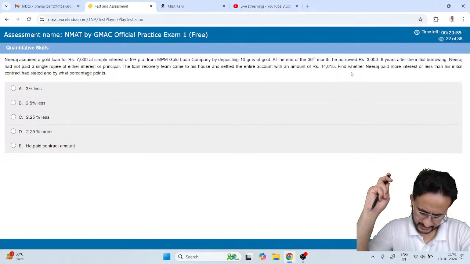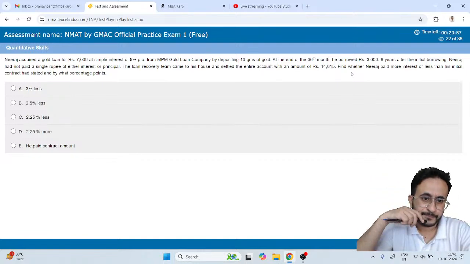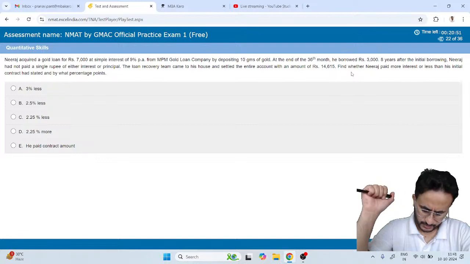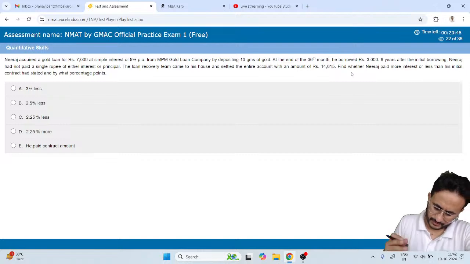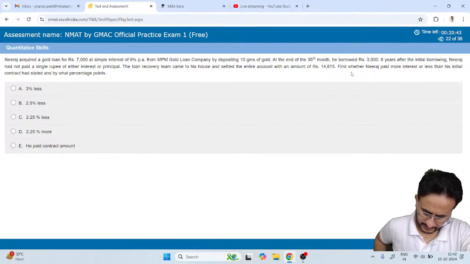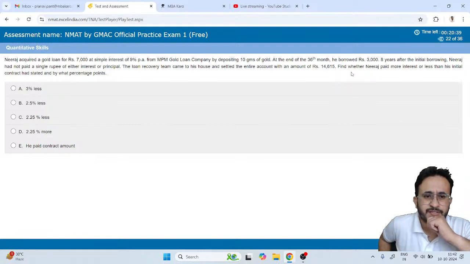He paid less for sure. Okay, so let us check the interest that he paid. He was supposed to pay 6390, but he paid only 4615, a difference of 1700. It's coming very high.